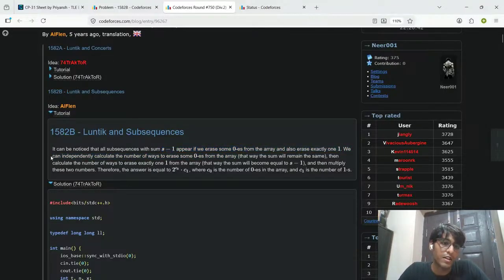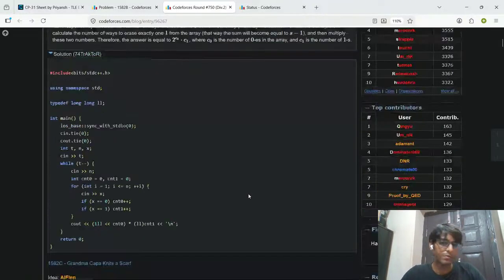We can independently calculate the number of ways to erase some zeros from the array such that the sum will remain the same, and the number of ways to erase exactly one 1 from the array, then multiply these two numbers. Therefore, the answer is 2^C0 times C1, where C0 is the number of zeros in the array and C1 is the number of ones. So basically, he did what we did, just in a much fancier way.